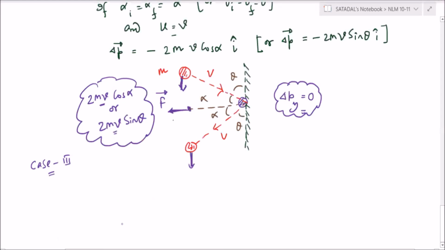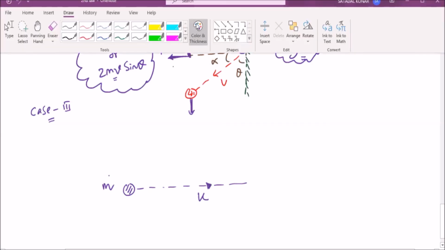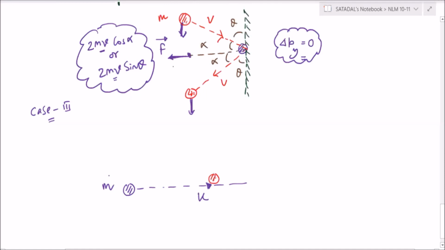Chalo. In case 3, we'll see that an object of mass m is moving in this direction with velocity u. Then suddenly something happened to it, because of which it decided, I no longer want to go that path, let me change my course.